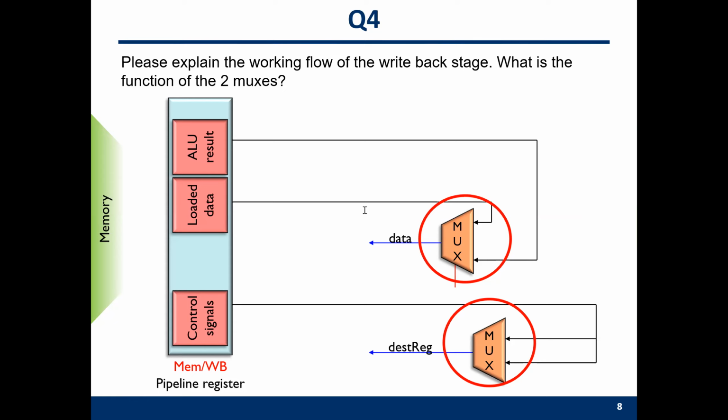Sometimes you have memory access instructions, where you load something to register C. So this mux is used to select the ALU results or the data loaded from memory. And the second mux here is used to generate the destination register name and the write enable signal.